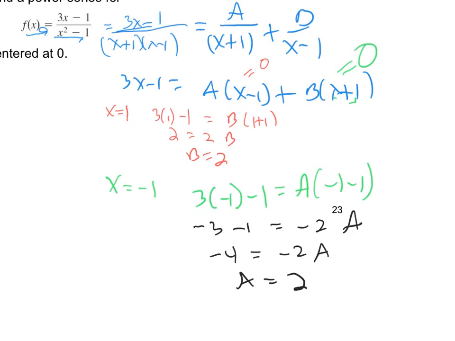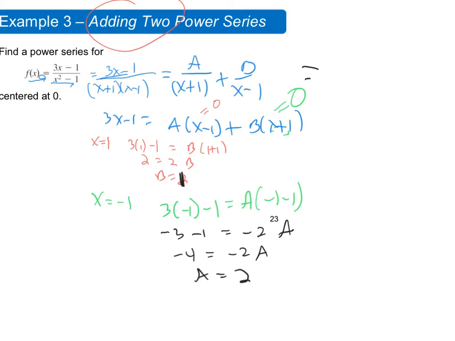Does everything look okay? Heck no. Look at that's a 1. 2 divided by 2 is a 1. So this can be written as 2 over x plus 1 plus 1 over x minus 1. Look at it.